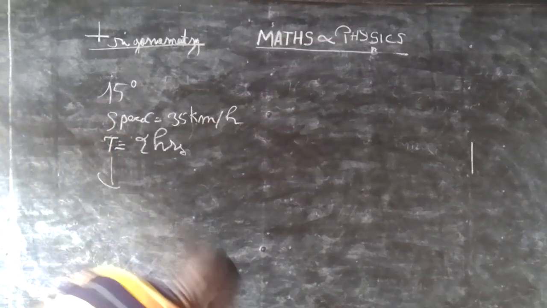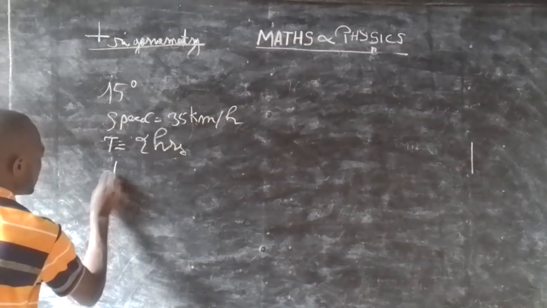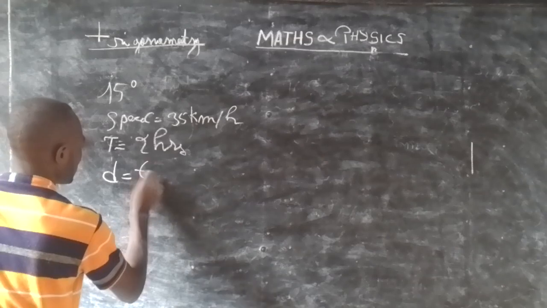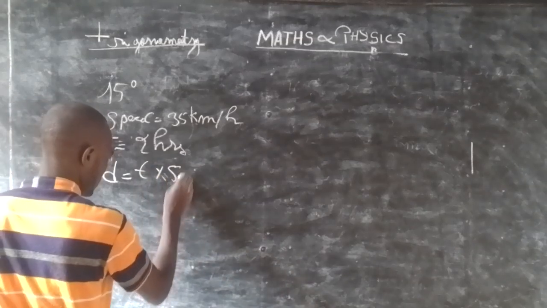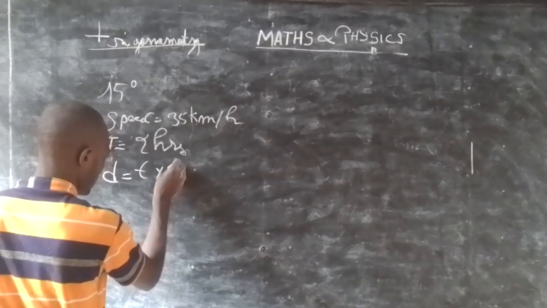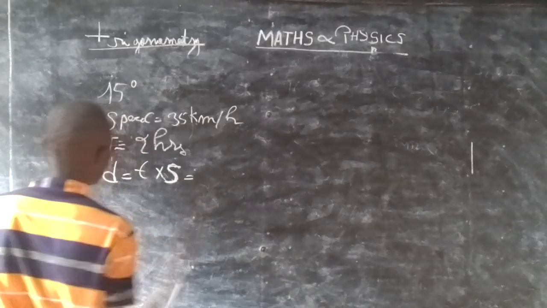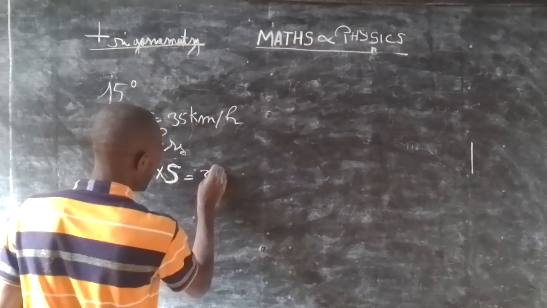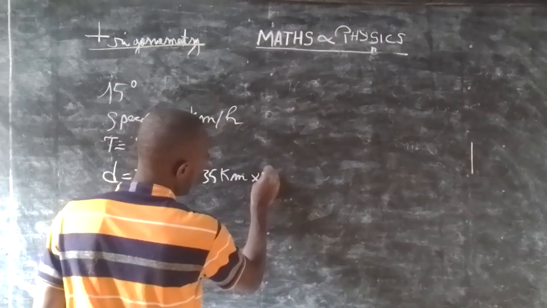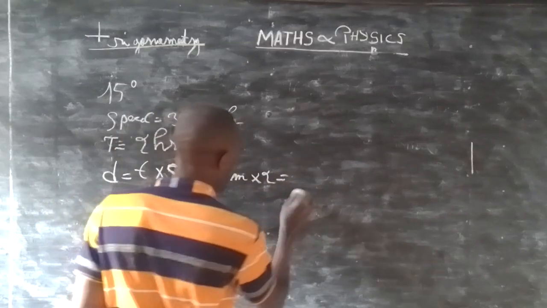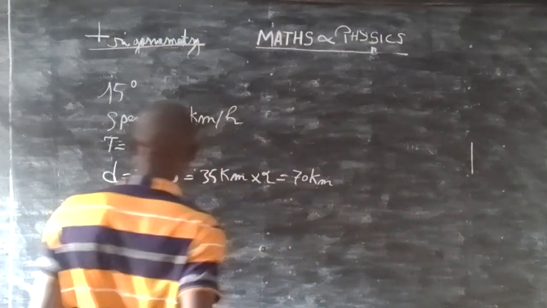Distance is equal to time times speed. This S stands for speed, which is 35 kilometers per hour, times 2, which is equal to 70 kilometers.